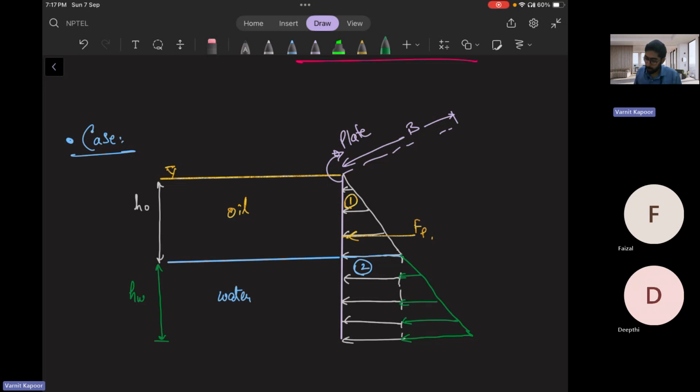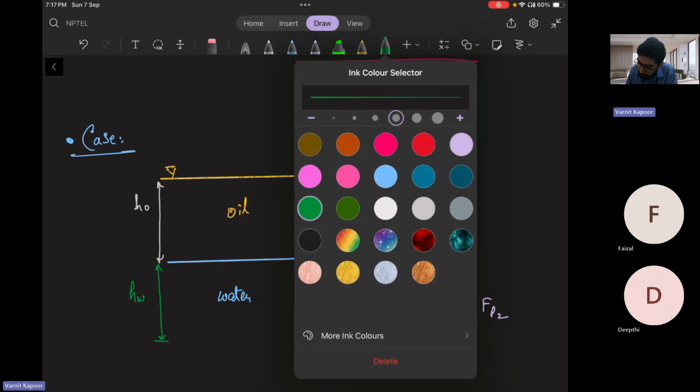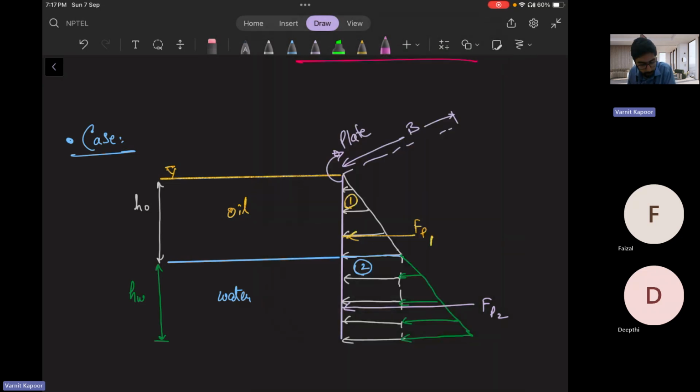So FP1 was this, FP2 will be this, and FP3 will be somewhere here from the third. So the net FP will be below this line, we can see by physical sense. The net FP is the final FP, which you need to calculate.